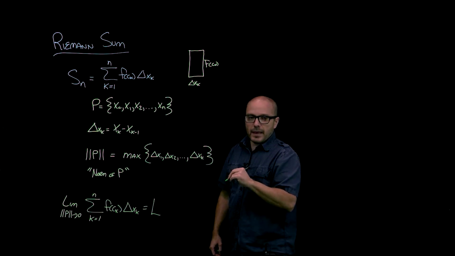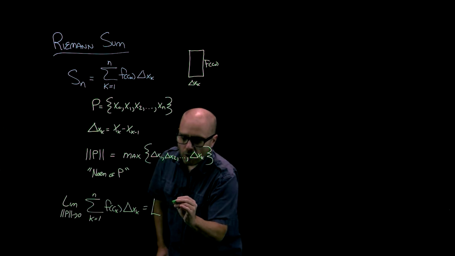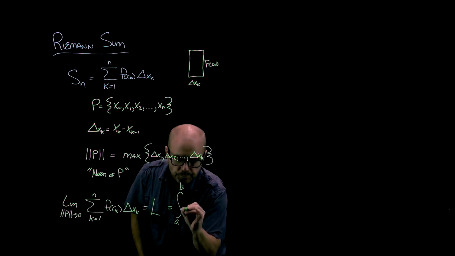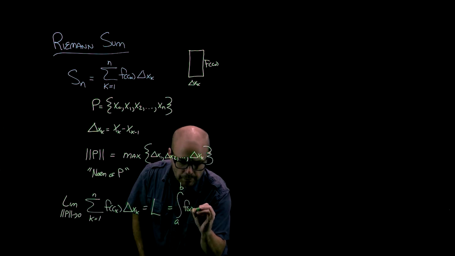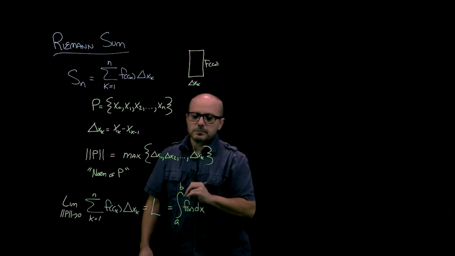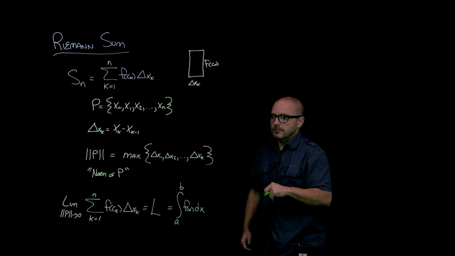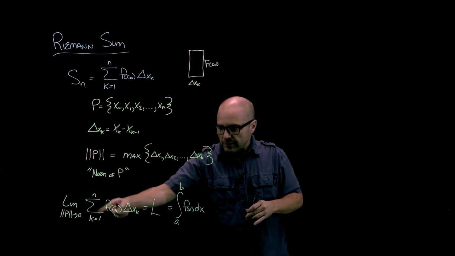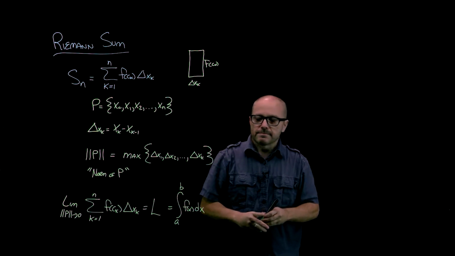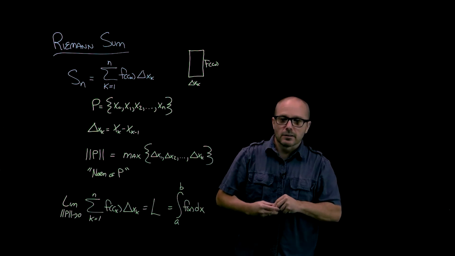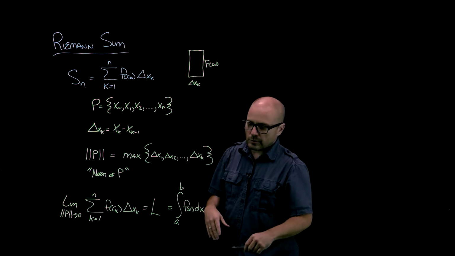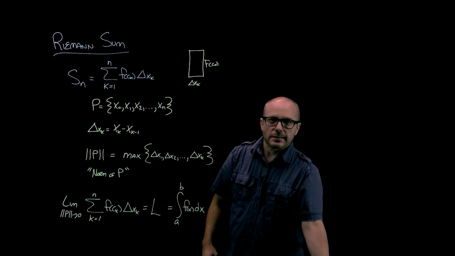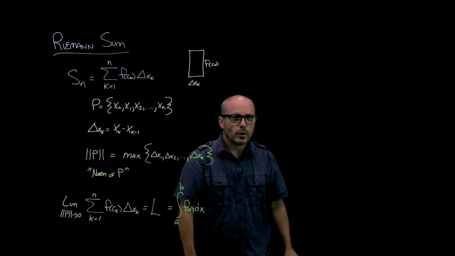But when that limit exists, we call that the definite integral. And so as these guys shrink down, if this is approaching some value, then that value is what we call the definite integral of f on that interval from a to b. So let's take a look at what that looks like as that norm of that partition goes to 0.